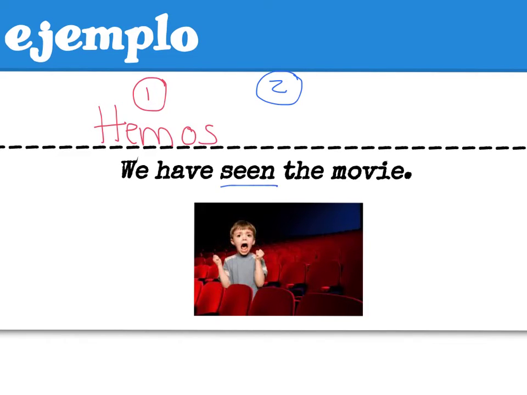So ver. So your past participle of ver is going to be visto the movie, la película. Doesn't matter that we is plural. Visto will always just end in O. All the past participles will always end in O.